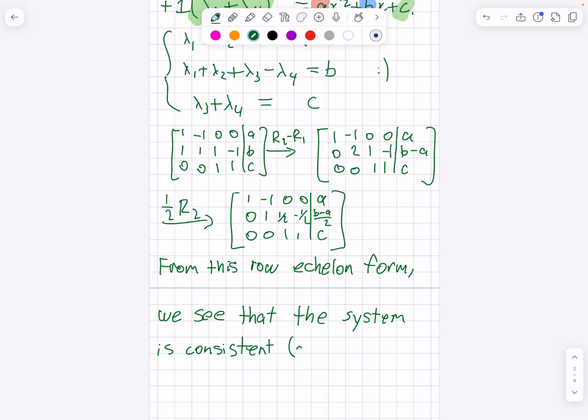Okay, meaning at least one solution, lambda 1 up to lambda 4, exists. So this is just looking at the pivots.